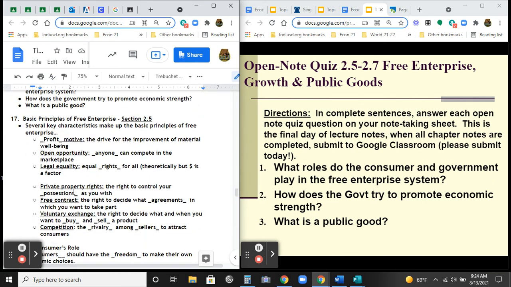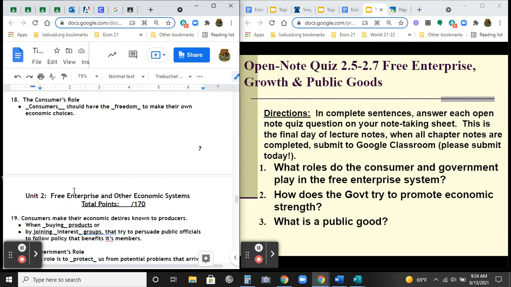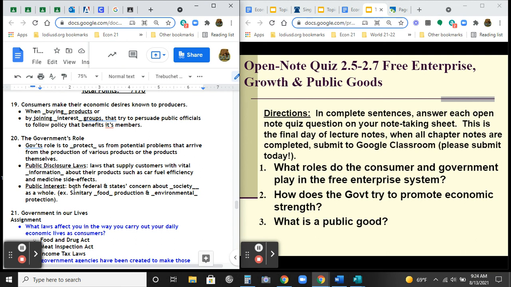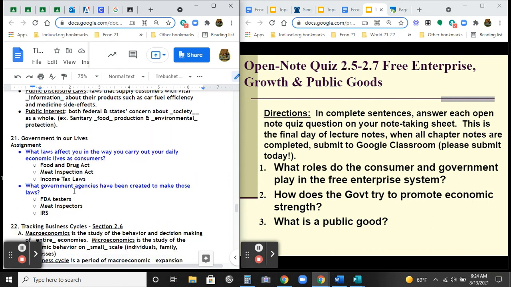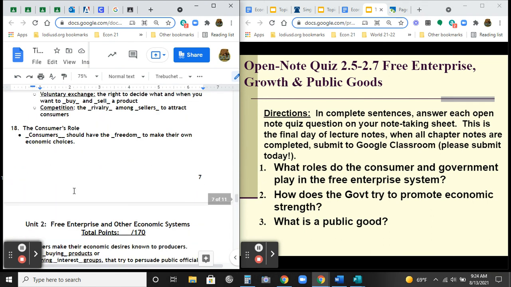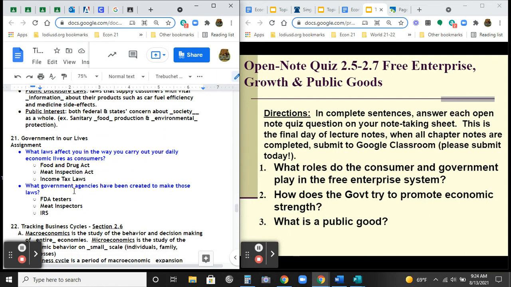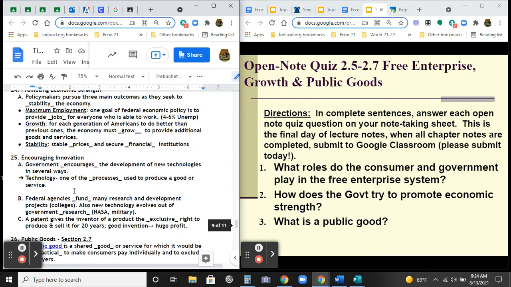So how can we articulate this? Consumers have the freedom to make their own economic choices in buying, and the government is designed to protect society with disclosure and public interest. Okay, let's see if we can write that up. Sanitary food, environmental protection, what have you.